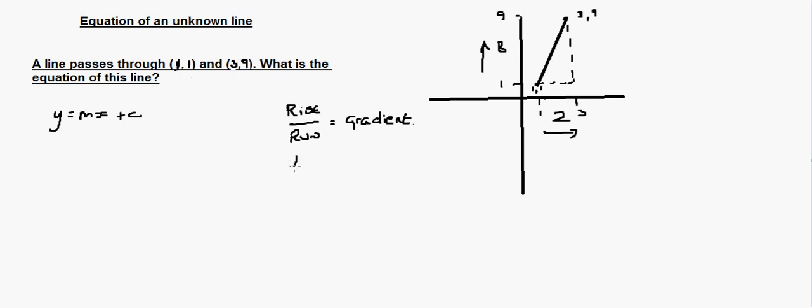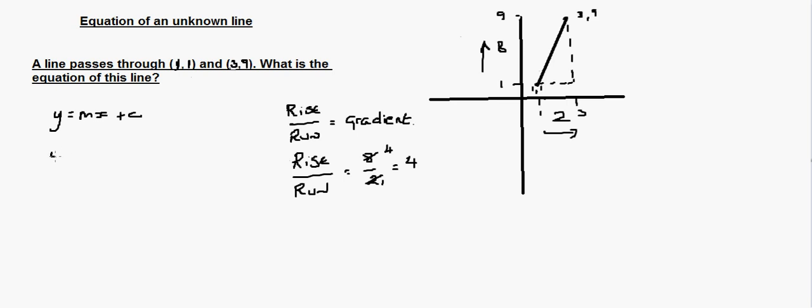So remember, rise over run gives us our gradient. So rise is 8, our run is 2. Remember, always cancel down. 2's into 2 goes once, 2's into 8 goes 4. Anything over 1 is itself, so we get a gradient of 4.